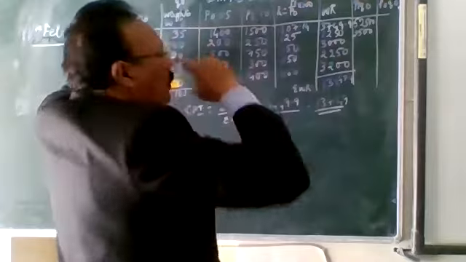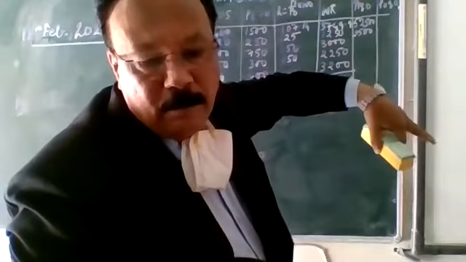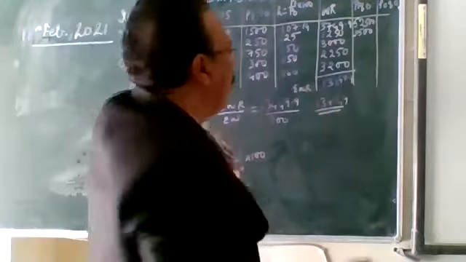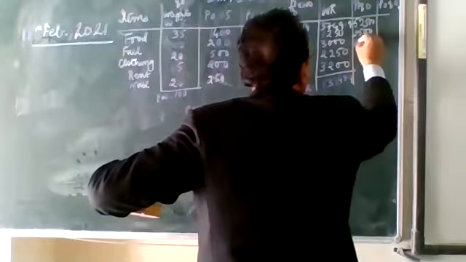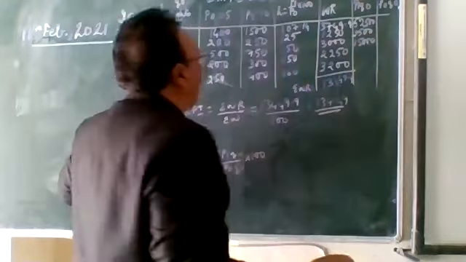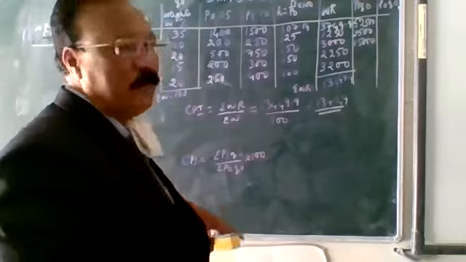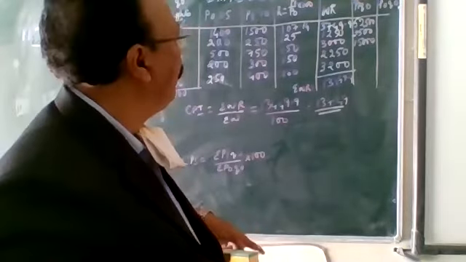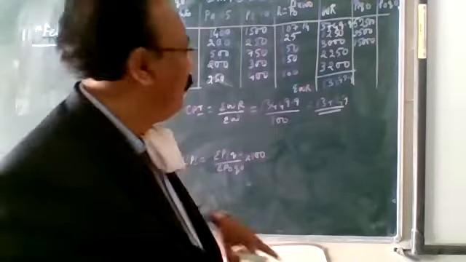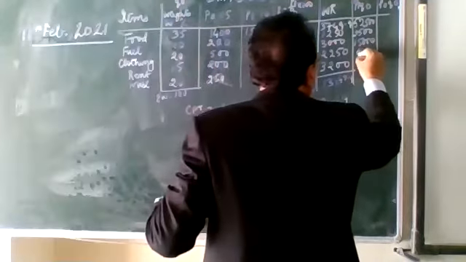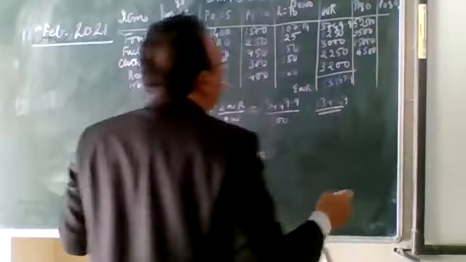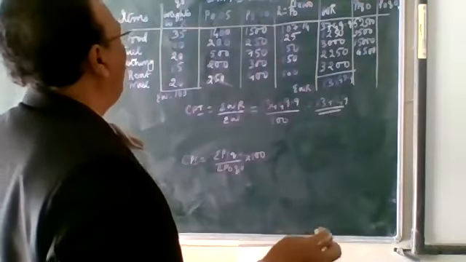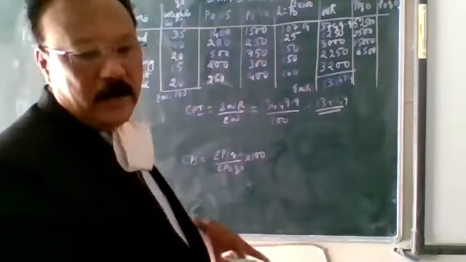Then this one will be 3000. Then 15,000. Then 150 into 50 is 4500, and the last one will be P1, that is 8,000.